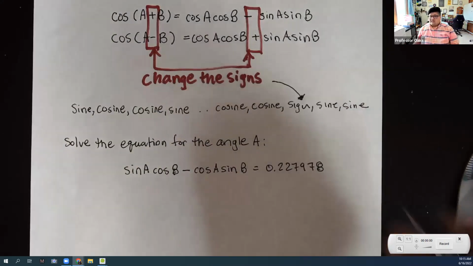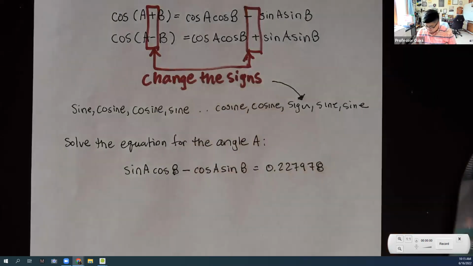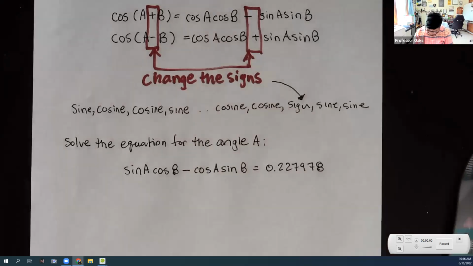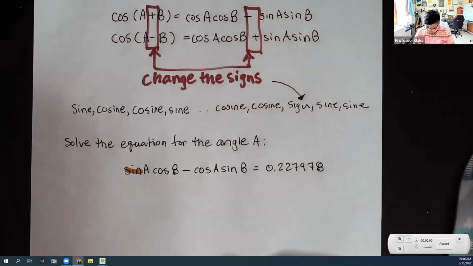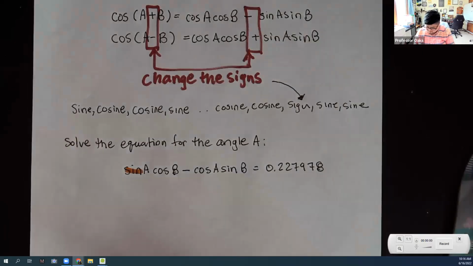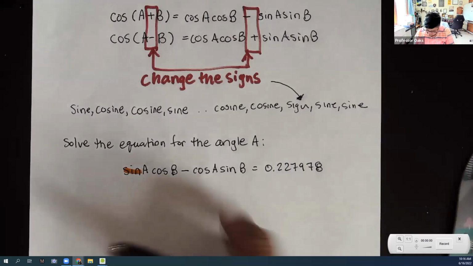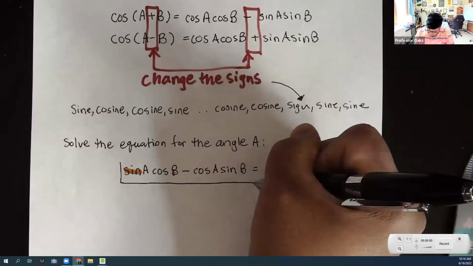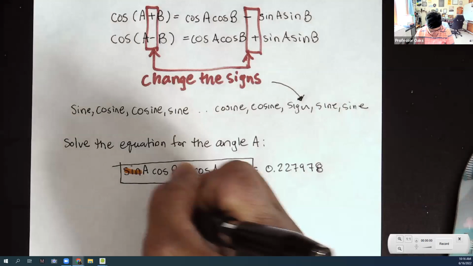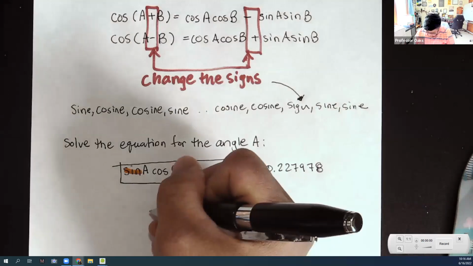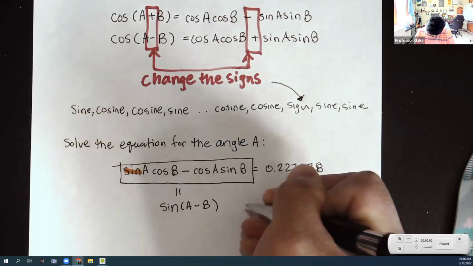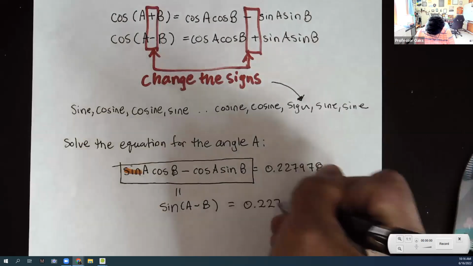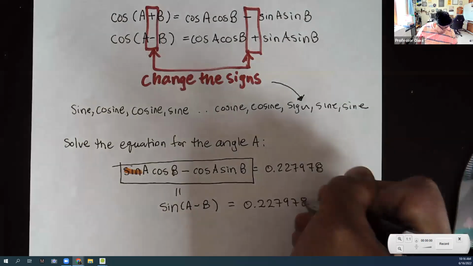0.227978. So if I look at the pattern of sine A cosine B minus cosine A sine B, this is equal to the sine of A minus B, which will be 0.227978.